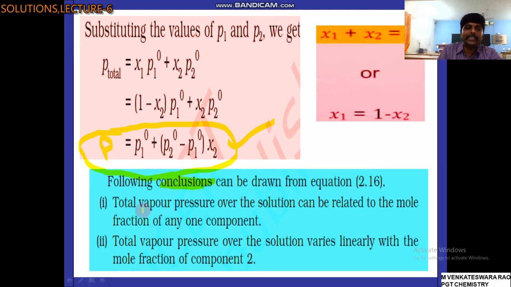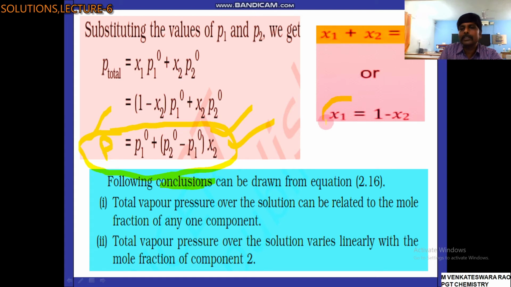First one is: total vapor pressure over the solution can be related to the mole fraction of any one component. In this equation, P is the total pressure and X2 is there, so P is related to X2. Total pressure is related to the mole fraction of the second component.